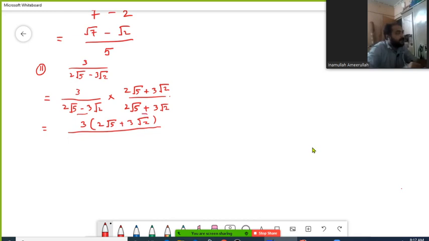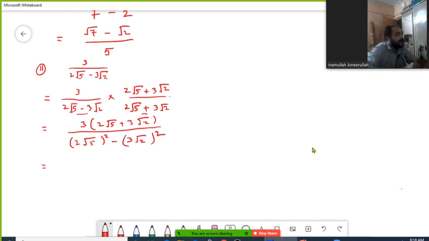So simply we can say a square minus b square. A square, that is 2 root 5 whole square, minus b square. B is 3 root 2 whole square, like this.